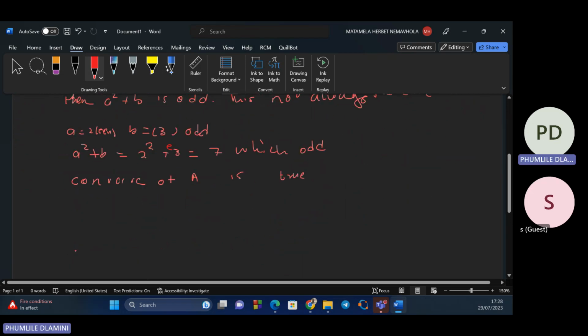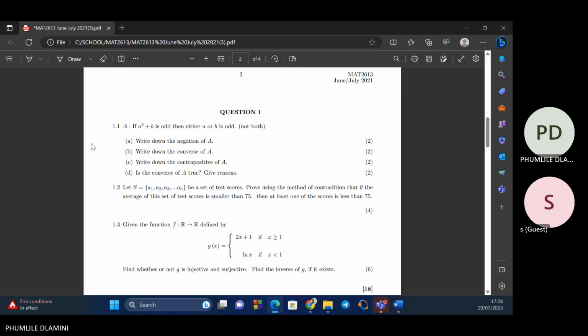So the second one says: let S equal A1, A2, A3, up to AN be a set of test scores. Prove using the method of contradiction that if the average of this set of test scores is smaller than 75, then at least one of the scores is less than 75.